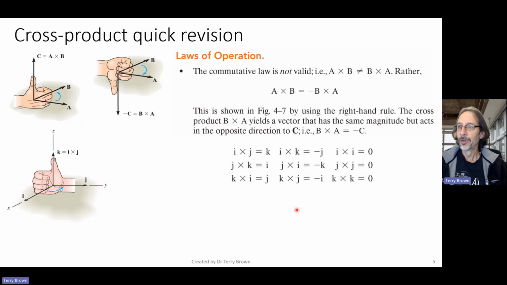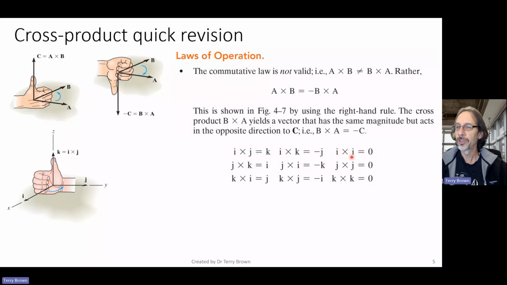And we have all of these operations. For example, i cross j gives us k, j cross k gives us i, and k cross i gives us j. If we do the opposite to that, if we do i cross k, we get minus j, and so on. If we have the cross product of two vectors that are in the same direction, then the cross product of those two vectors is 0.